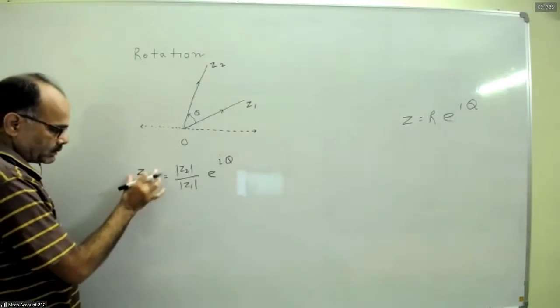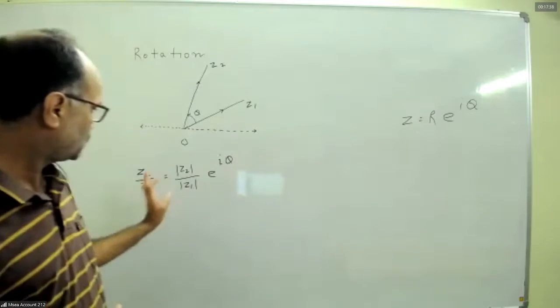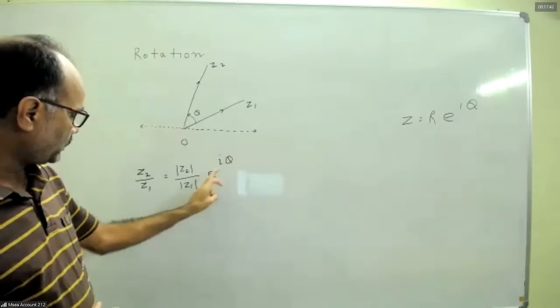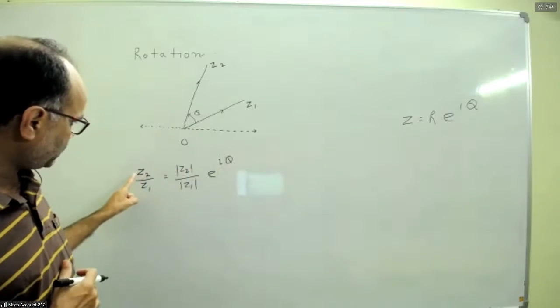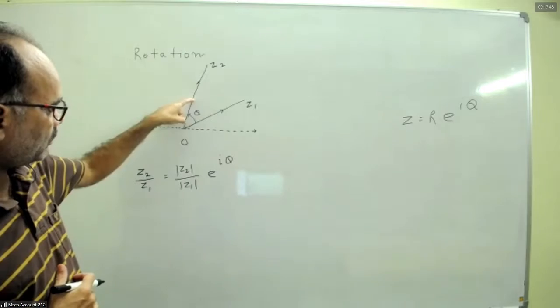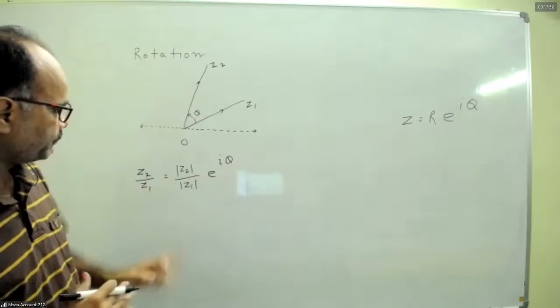First, Z2 by Z1 is a complex number. In polar form, we can write it as its magnitude into e to the power I times argument of Z2 minus argument of Z1. In this case, argument of Z2 minus argument of Z1 is theta.